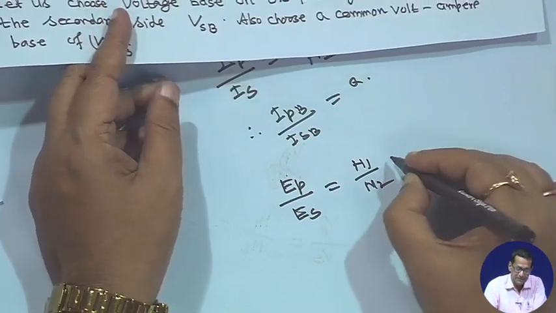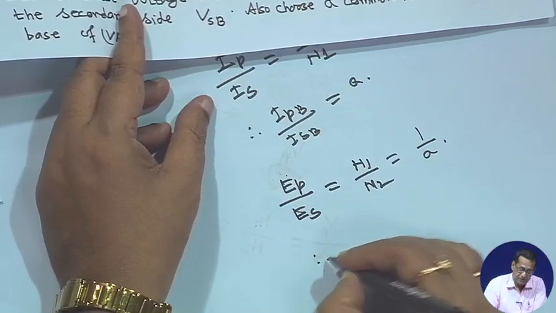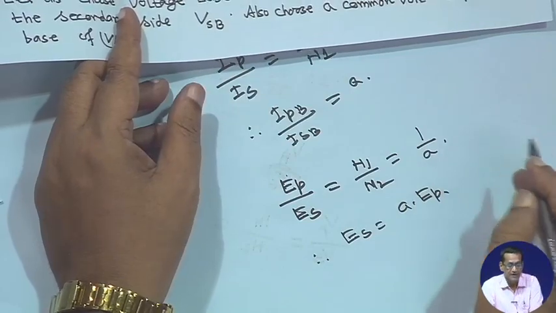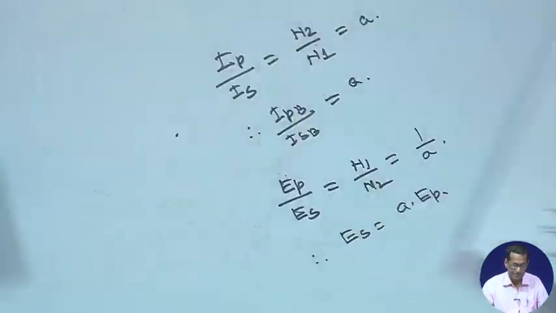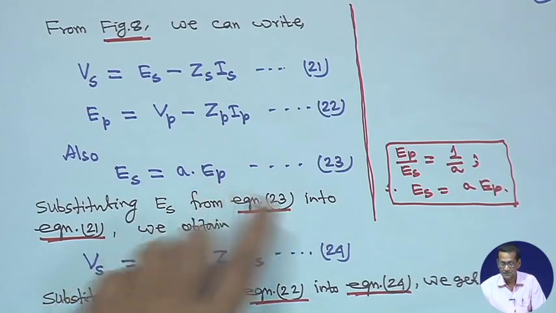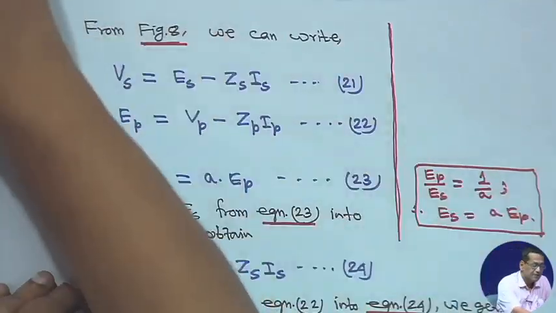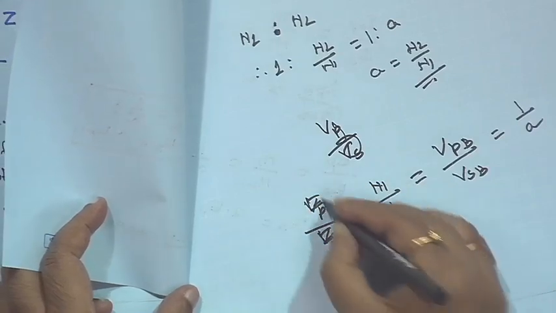That means this is equal to 1 upon A, so ES is equal to A into EP. Just now I showed that ES is equal to A into EP. One correction here: it should have been EP upon ES.